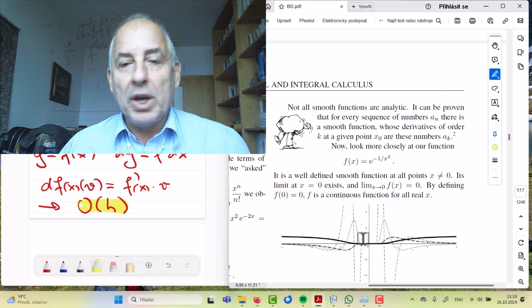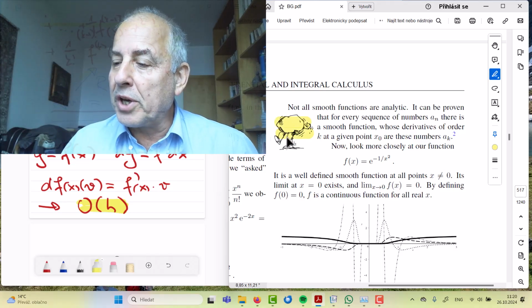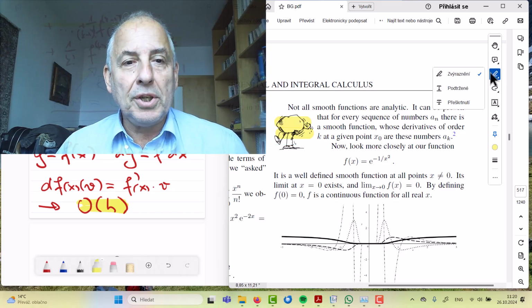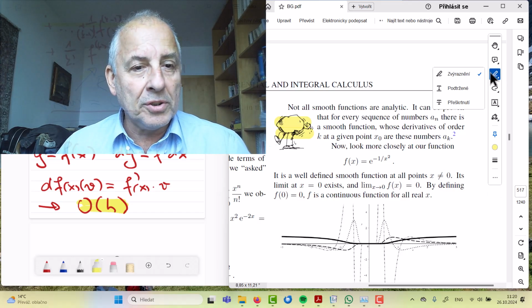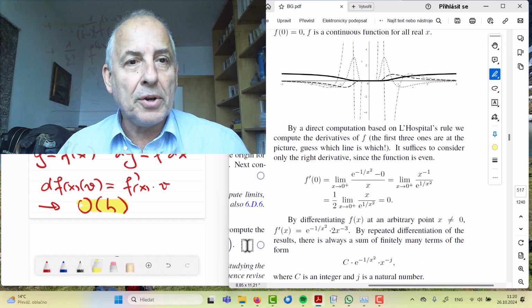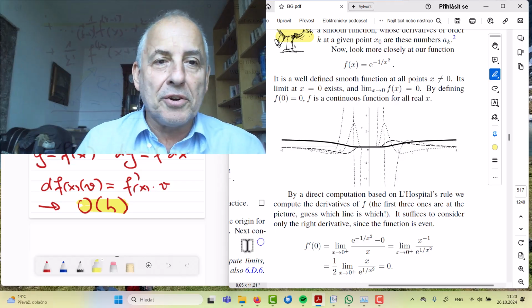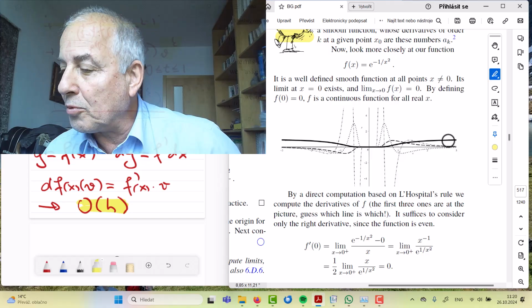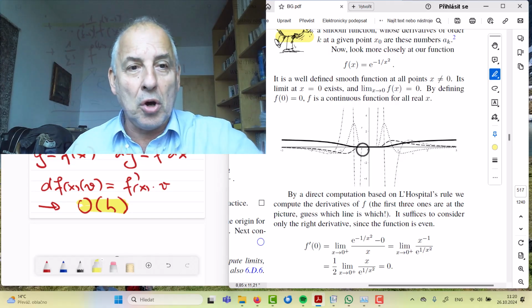So here in the text you can see explicitly how it happens. If I draw the function and its derivatives, it's nice that the function is so flat. Well, in this scale 1 is pretty low, it's here.